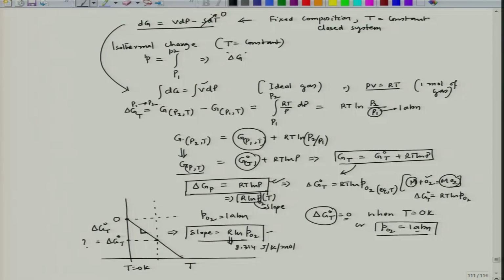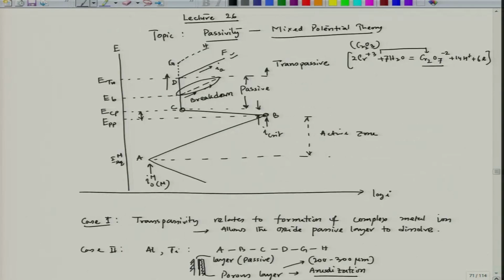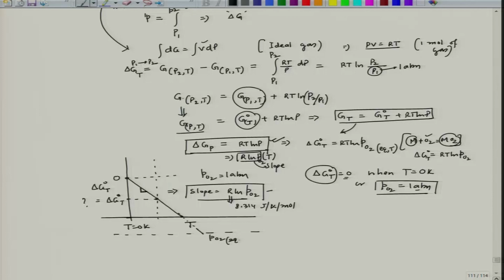If I take this temperature axis, let us say this is 0 and this is some value, I take an arbitrary scale and a line like this connecting the straight line, and here I put PO2 at equilibrium T. This particular slant line connecting to the 0 point at 0 K indicates PO2 at that particular temperature, because the slope is nothing but this, and an adjustment of R can give you the partial pressure of oxygen at that point.